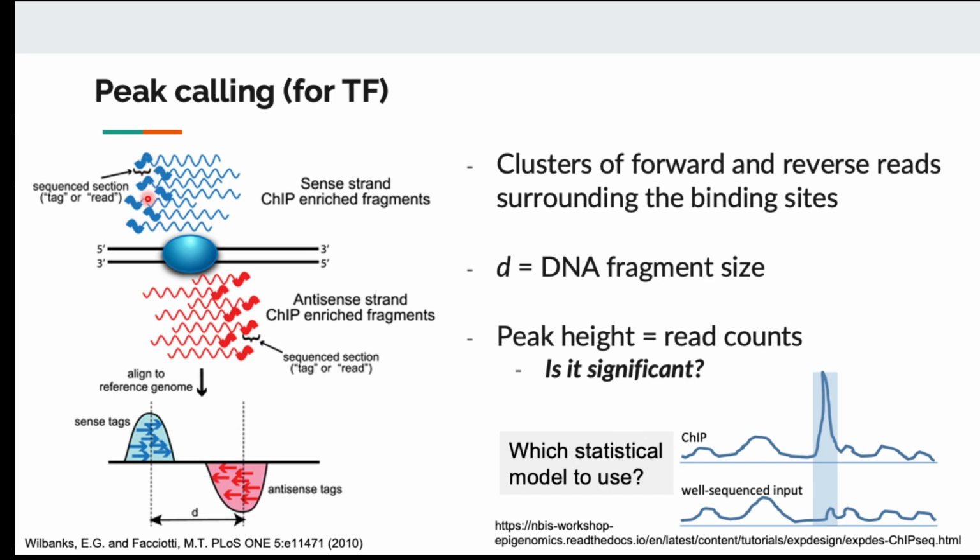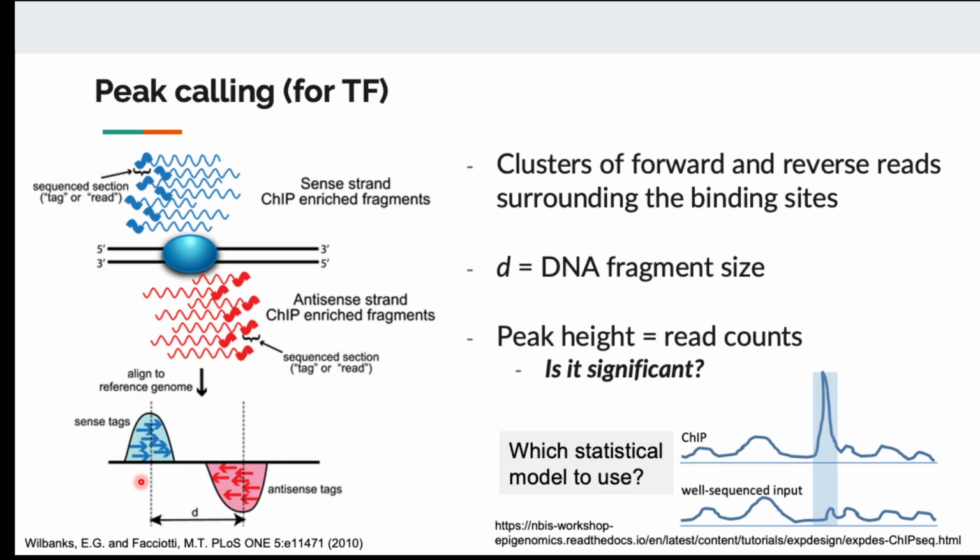When we sequence the data, let's say from just a single end, on the sense strand we're going to get reads that map to the left, the 5' location of the binding site. On the antisense DNA, we get reads that map to the 3' direction of the binding site.